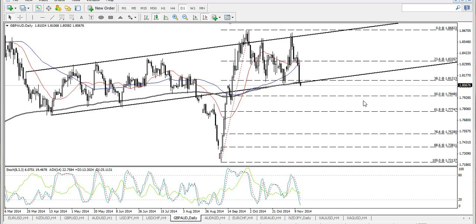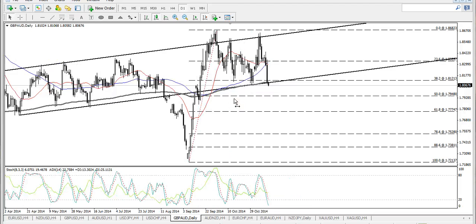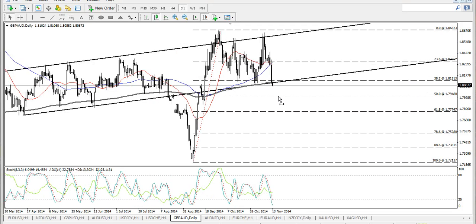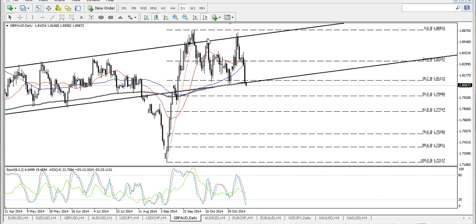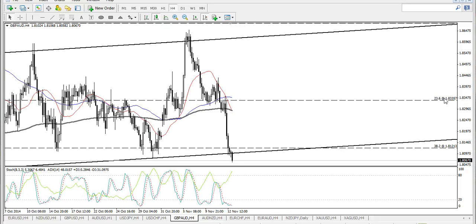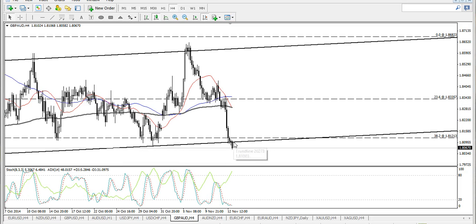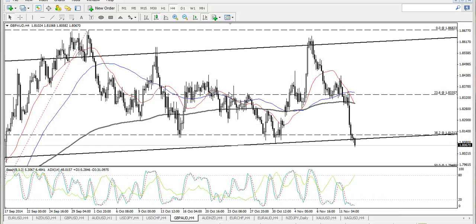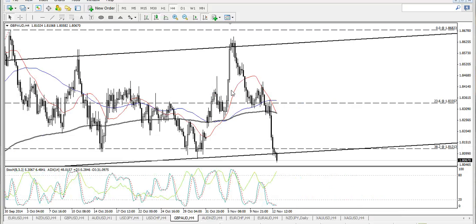This is something that's not quite to scale, but this is also the retracement level of 38.2%. Right now price is attempting to break below this channel itself, but there is still a possibility that price might retrace back and form a reversal candle. Maybe we can take a look at the 4 hourly chart. If price is able to form a reversal with confirmation, this might be the chance to go long for the pound against the Australian dollar. That's pretty much for the pound against the Australian dollar.